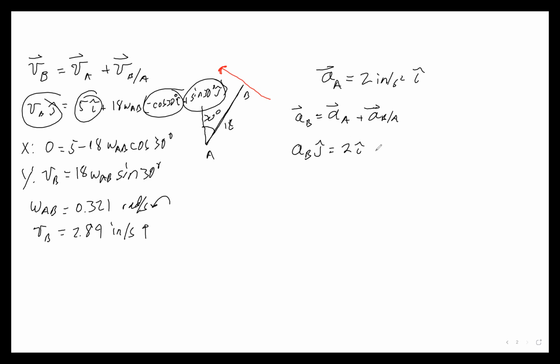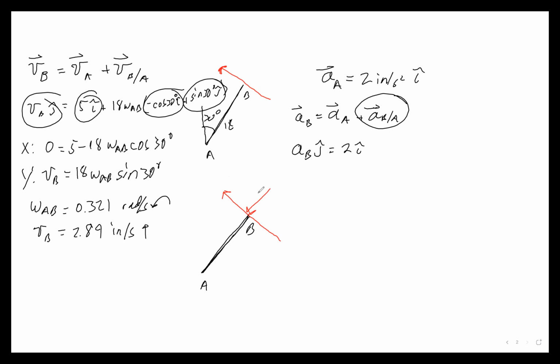And then we have to figure out what the acceleration of B relative to A is. Well, that means we need to do the relative acceleration diagram. All right, so if we have A and we have B, then don't forget that we are going to have a tangential acceleration and a normal acceleration.